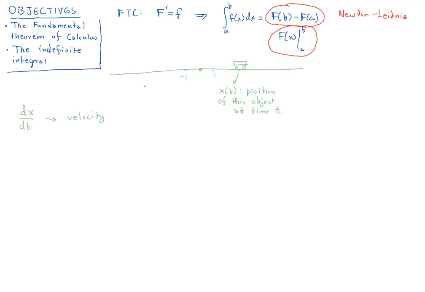And here we should also mention something that is not directly needed for the fundamental theorem of calculus, which is that the second derivative is going to be the acceleration. Okay, but we're not going to need this.